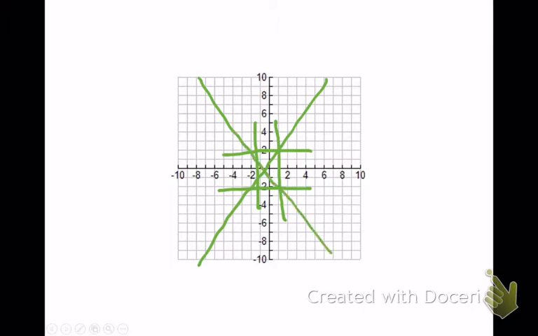And then my foci are at positive, negative, radical 5, which is between 2 and 3. So there's my foci. Don't forget to plot those. And then we draw the hyperbola. It goes right there and right there. All right. Everybody got it?